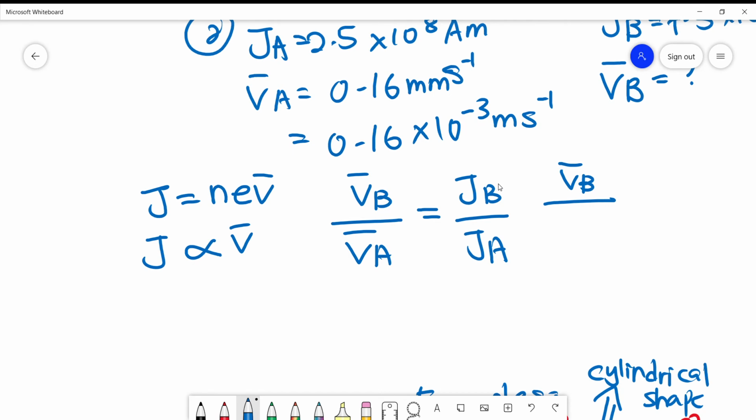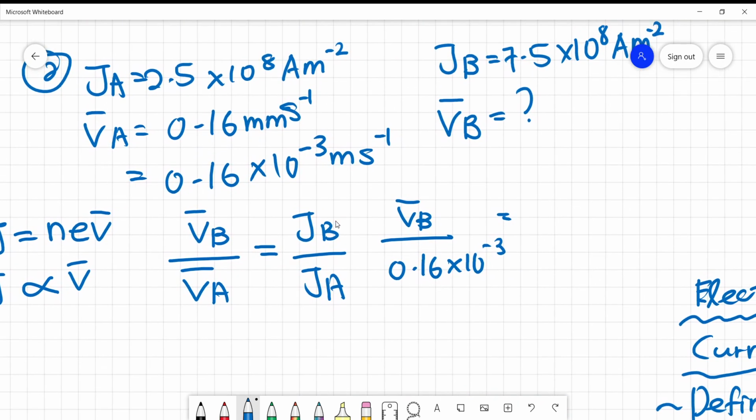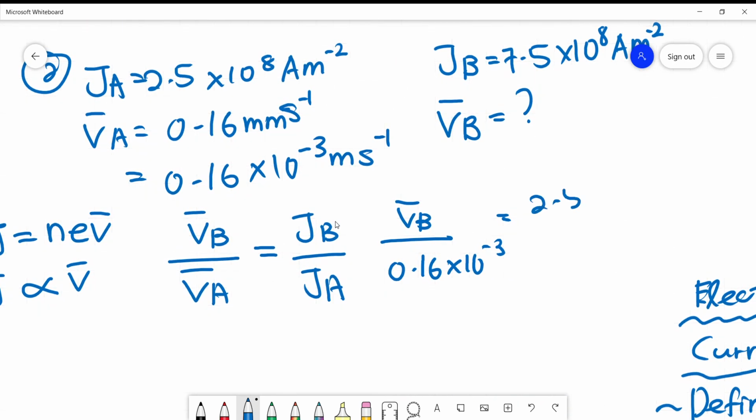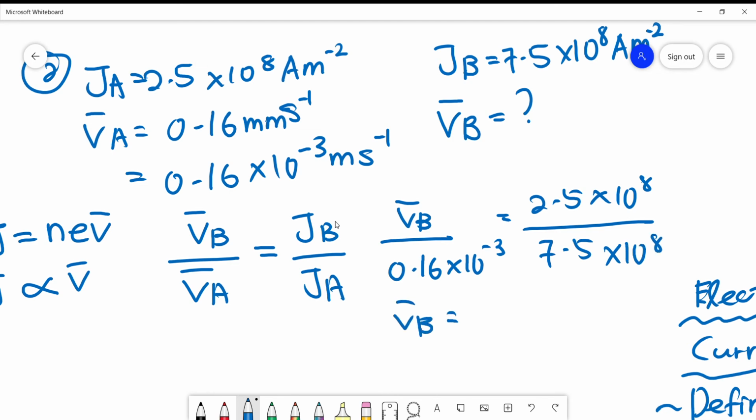So the VA is 0.16 times 10 to the power negative 3. If JA is 2.5 times 10 to the power of 8, and JB is 7.5 times 10 to the power of 8, and I calculate the value, what I get is 0.48 times 10 to the power of negative 3, and this is meter per second, of course.